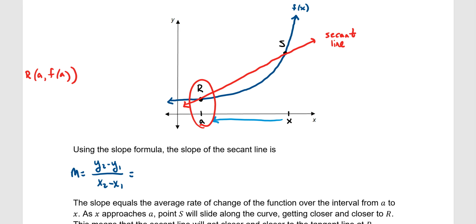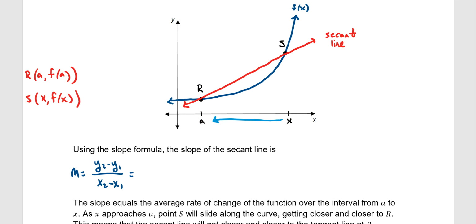And then point S is going to be the variable, x, comma, f of x. So remember, this is just x1, y1, x2, y2. The x coordinates here are just A and x, and then f of A and f of x.